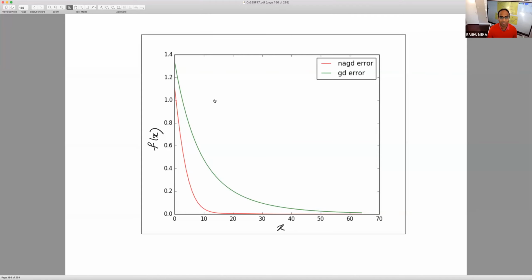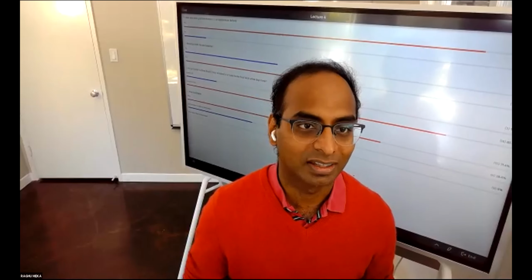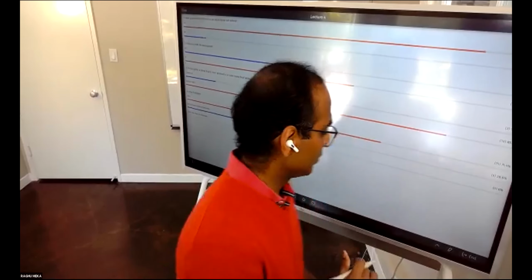So if I do it for a quadratic function with some slightly skewed coefficients, this is what you see. The red curve is Nesterov's accelerated gradient descent and the green is gradient descent. Isn't it amazing that just 3 additional lines gets you such a faster rate of convergence? Within 10 iterations, it's so far ahead of gradient descent. And this phenomenon shows up in various places, and you can use it to design all kinds of tricks to go along.